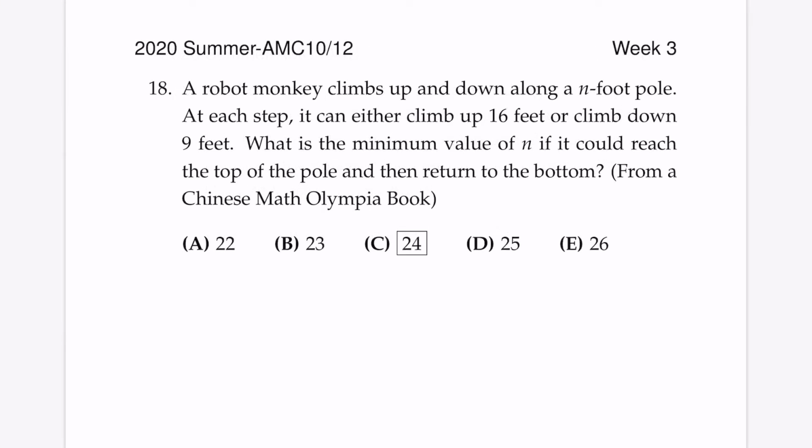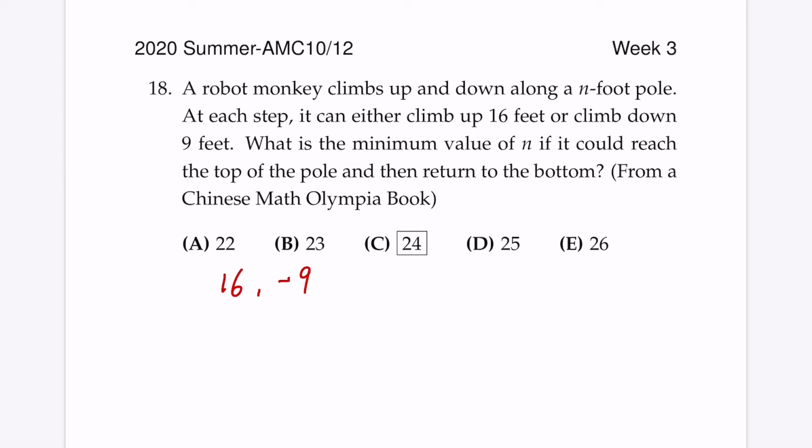Problem 18. For this problem, we will see that A and B are not allowed, and for C, we will create a scheme to do so. Suppose A is the answer. Then starting from the first climb should be 16, and the next one must go down by 9.